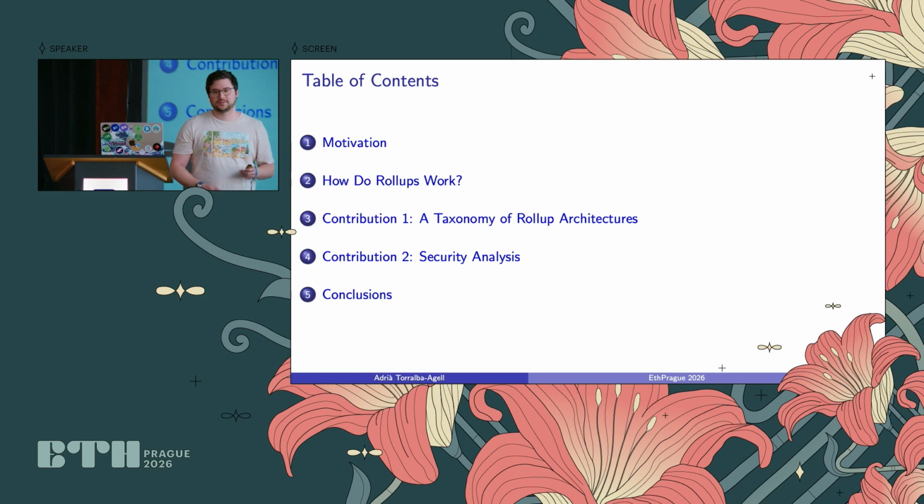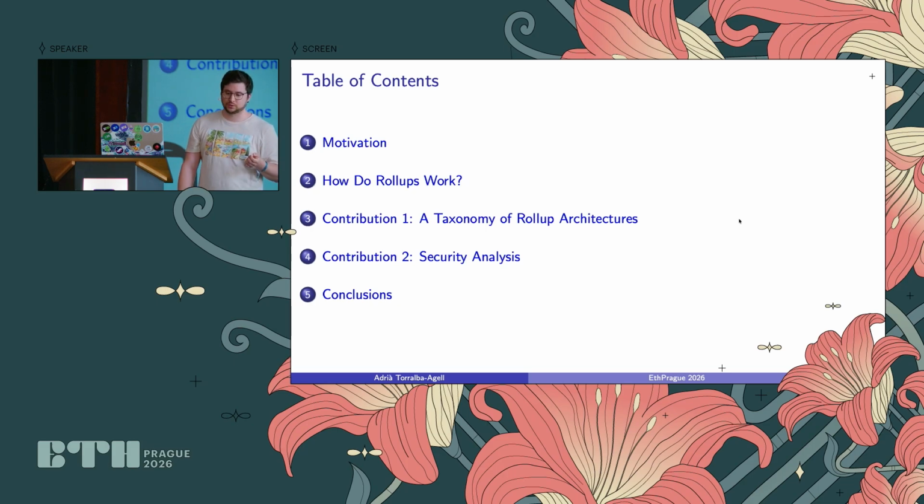This is the outline for the presentation today. I will start presenting the motivation for this study. Then I will explain briefly how rollups work. And then I'm going to present the 2 main contributions of this article. The first one is we come up with a taxonomy of the different rollup architectures in terms of sequencers.